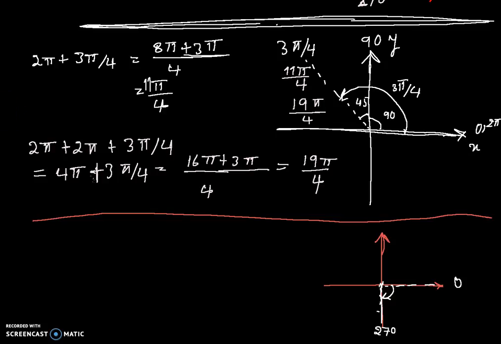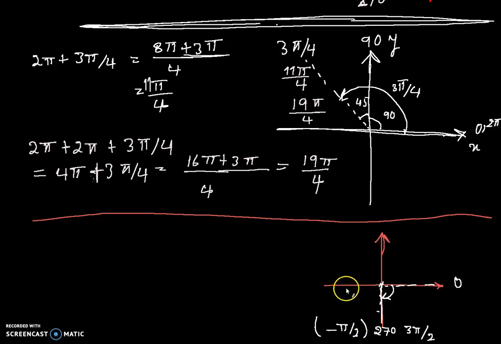So this is 3 pi by 2, right? 3 pi by 2 is 270 degrees. 3 pi by 2 could also be called minus pi by 2 if you are moving in the negative direction.